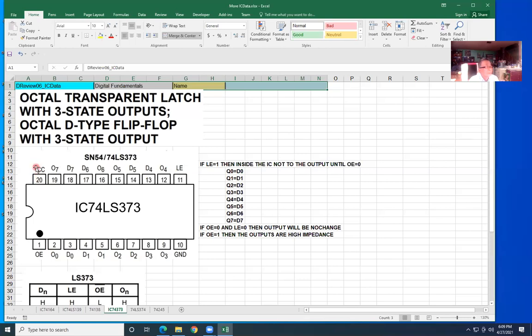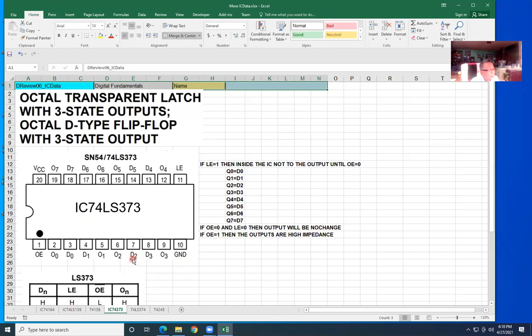Pin 20 will be 5 volt, pin 10 will be ground. And now if you're looking in here, basically inside they just get the D latches. You get the inputs, let's see, how many D?